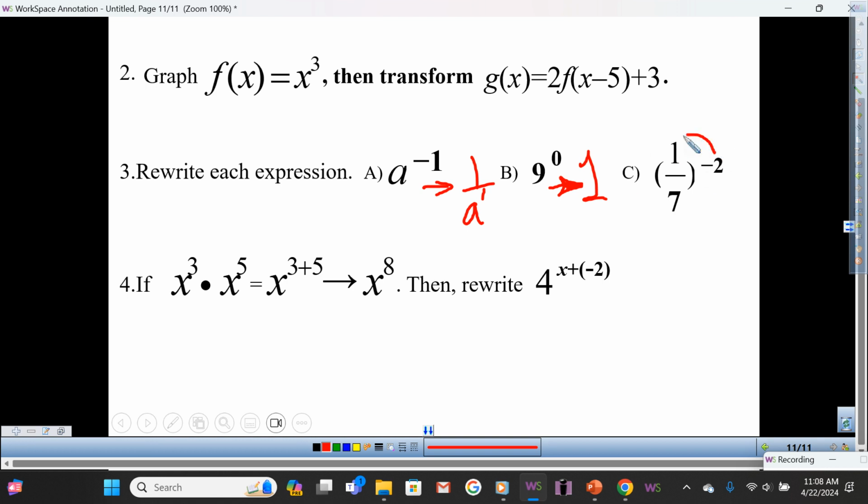Mr. Q, how about this one? Oh, this, distribute the exponent. That becomes 1 to the negative 2 and 7 to the negative 2. But we can't have negative, so what do, Jacob? What do we do if we have negative exponents?